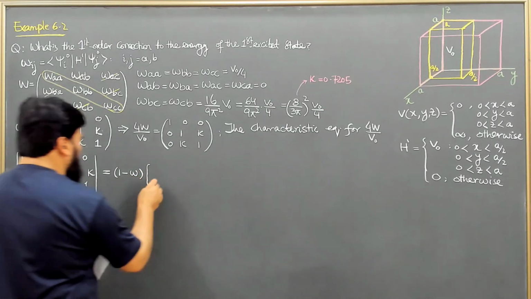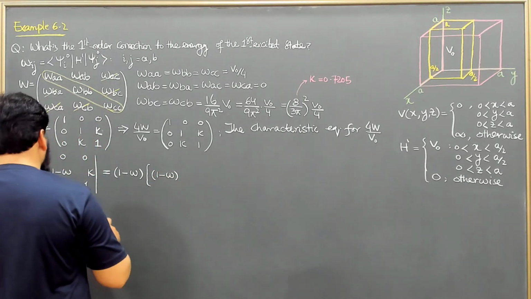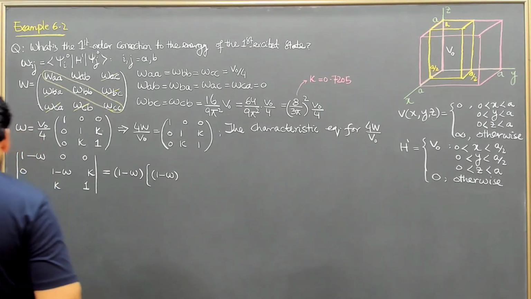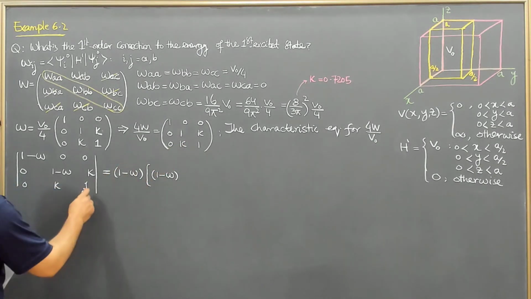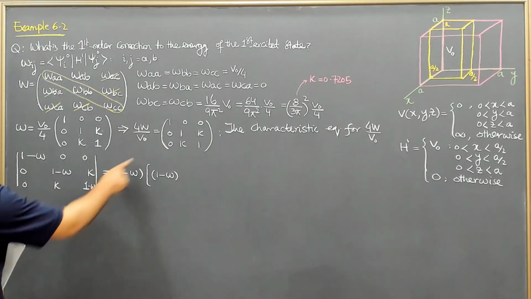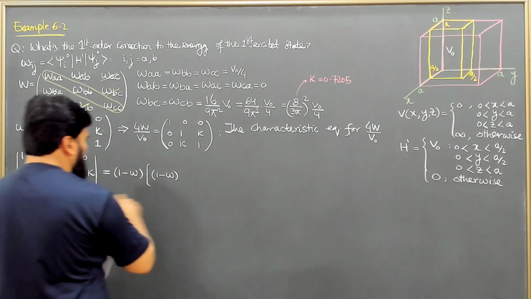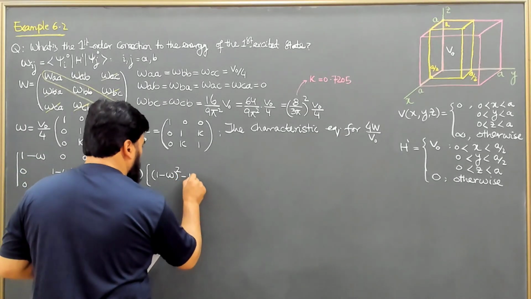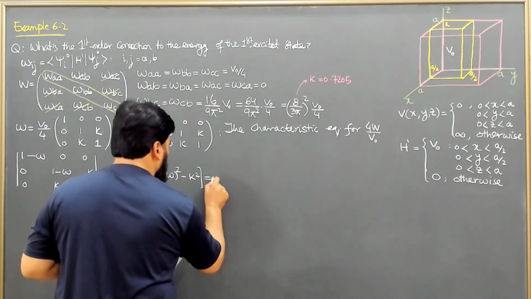So 1 minus w into 1 minus w, and here we are also having 1 minus w. So it will be 1 minus w whole squared, and then minus kappa squared, and this is equal to 0.